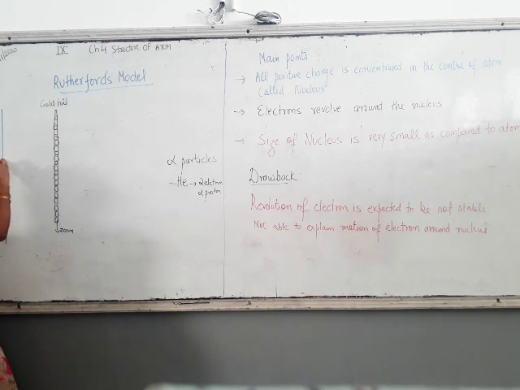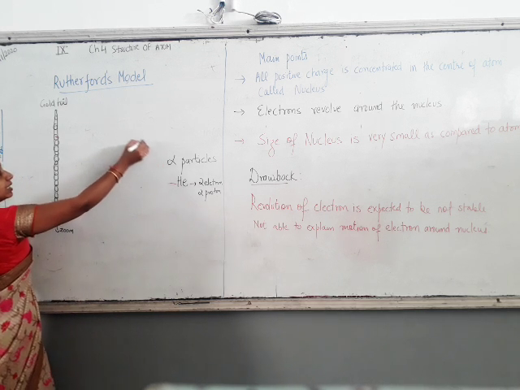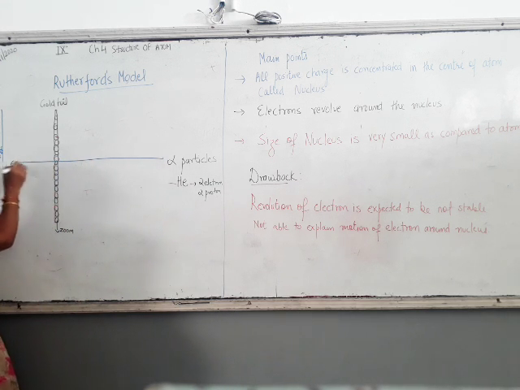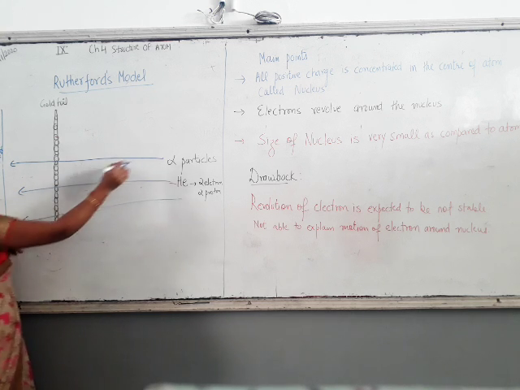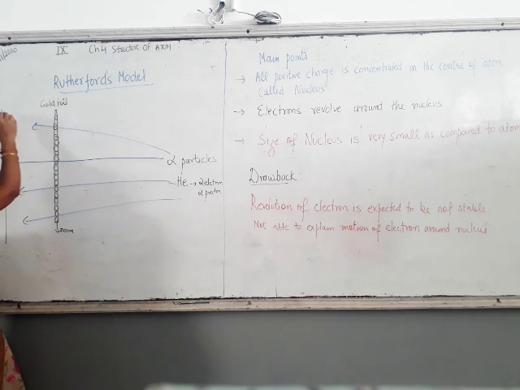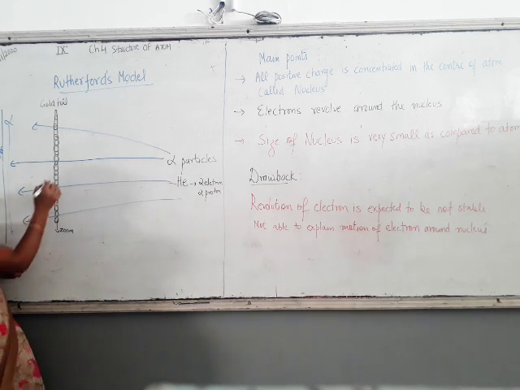He put one detector to detect these particles, as you cannot see them with naked eyes. So what he observed is that most of the alpha particles can easily pass through this foil, and only a few get scattered, and that too at a very small angle.